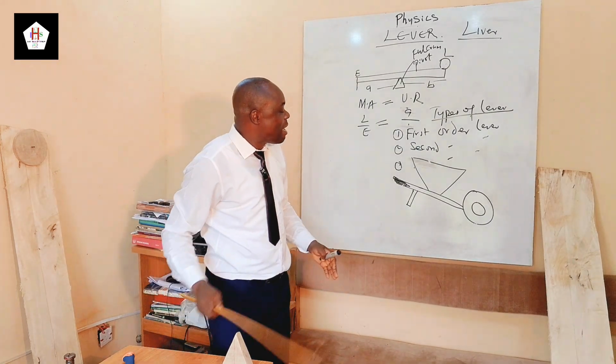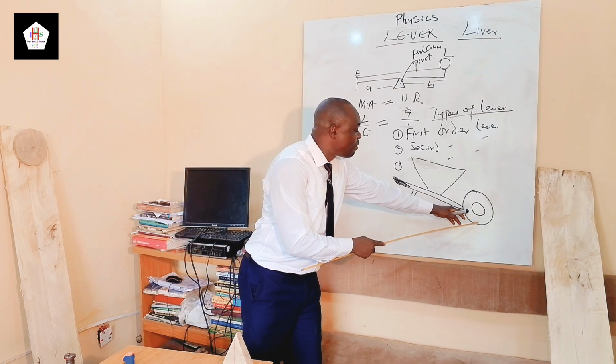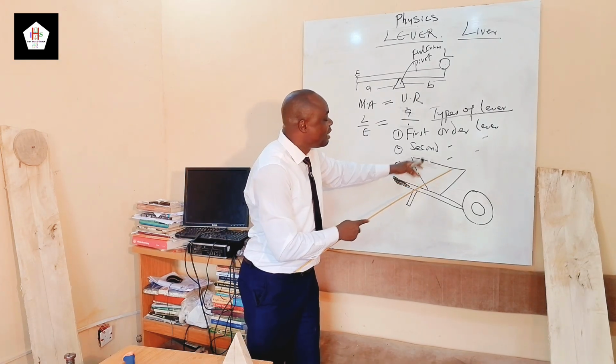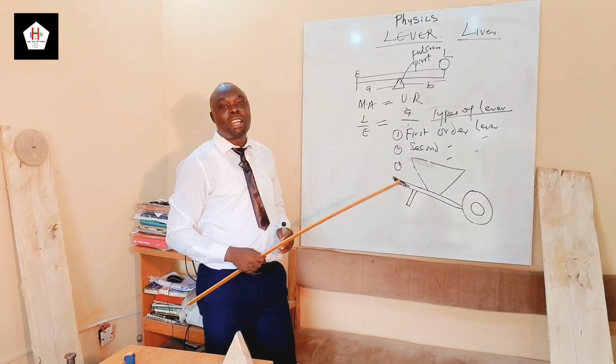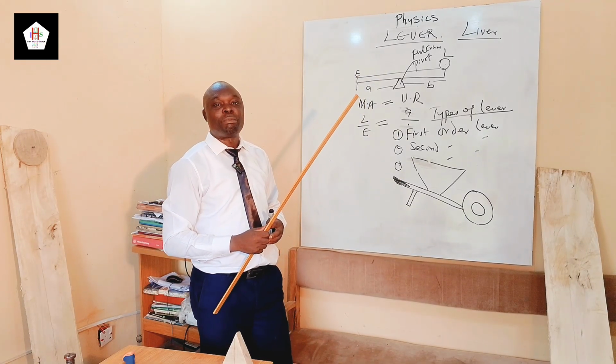This one here, where the fulcrum is here, and the load that you are carrying is between the fulcrum and the effort, is called second order lever. So a wheelbarrow is a second order lever.